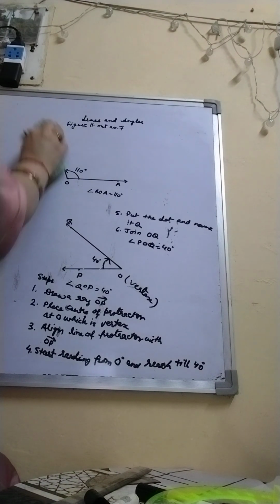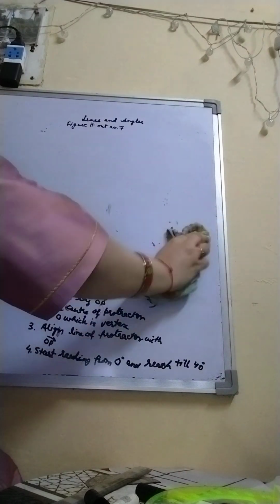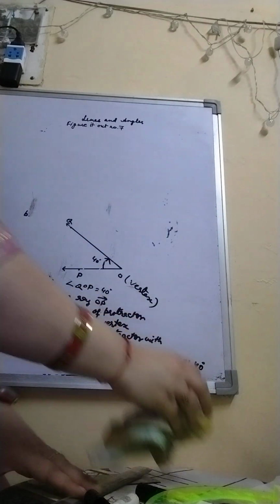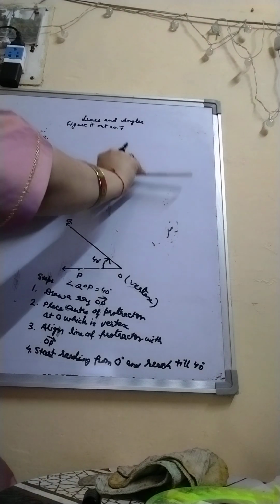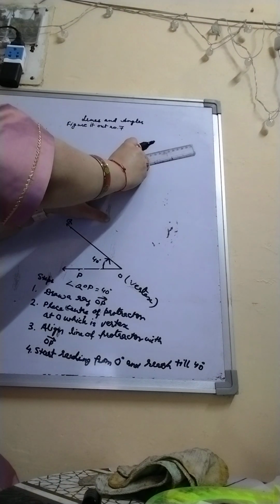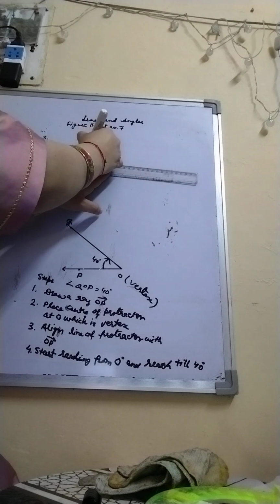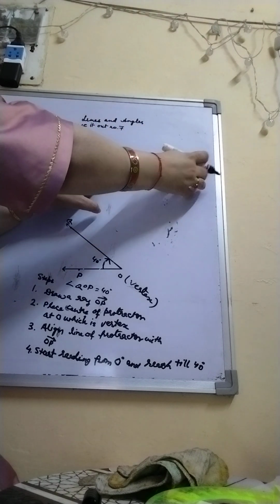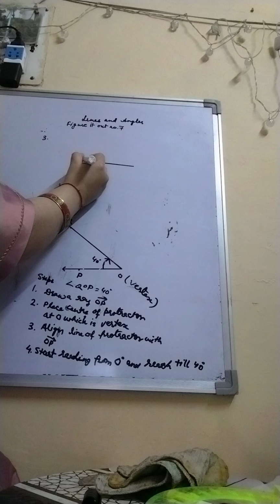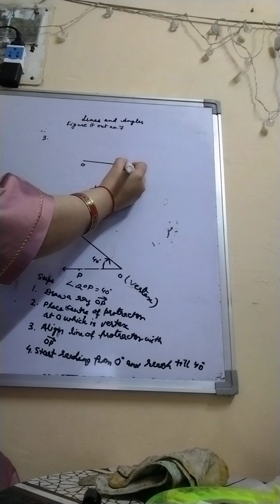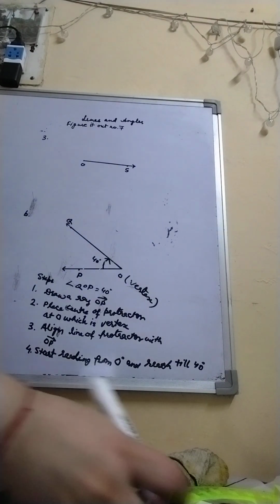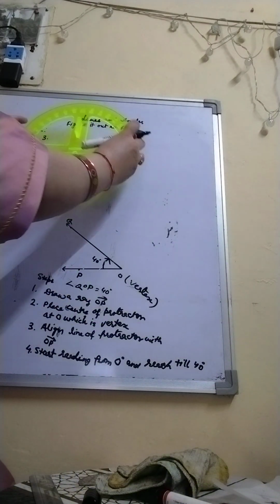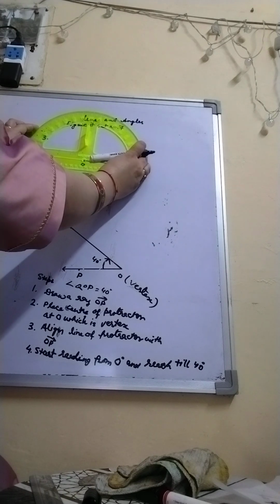Now the next part, 75 degree. So first of all, in drawing an angle you can always take a horizontal line for understanding, but otherwise you can take any orientation. So let's take OS. Now 75 degree, put the center over the vertex.